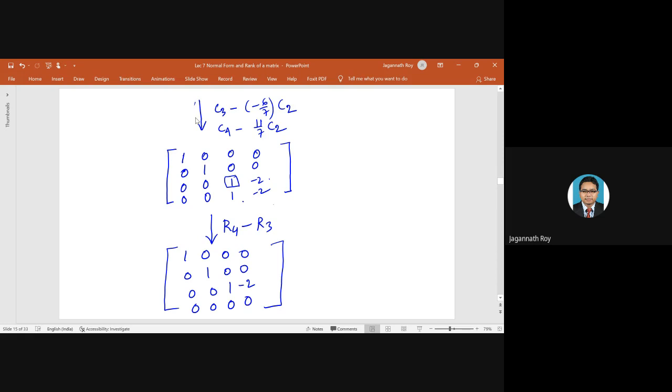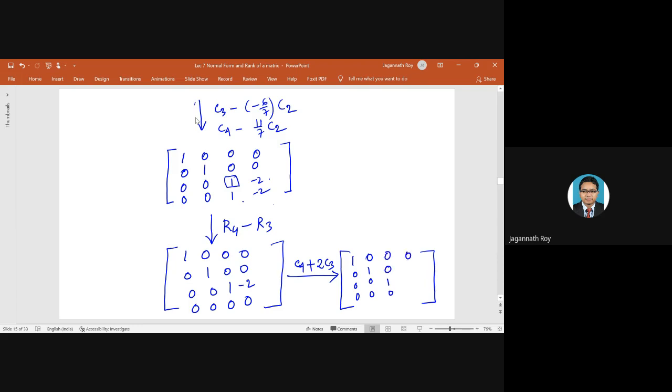Okay. So next we can do the column operation. So C4 minus, or you can write plus, 2 times C3. So this will become 1 0 0 0. This is 0 1 0 0, 0 0 1 0.